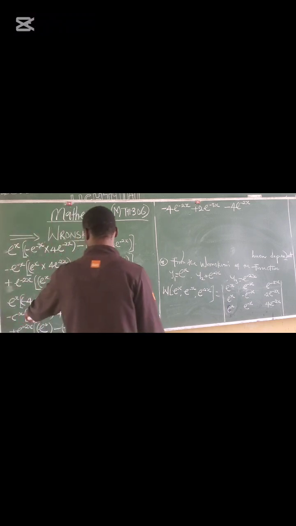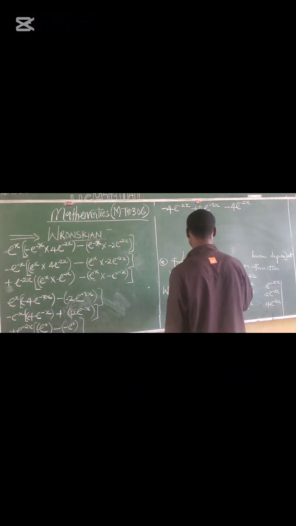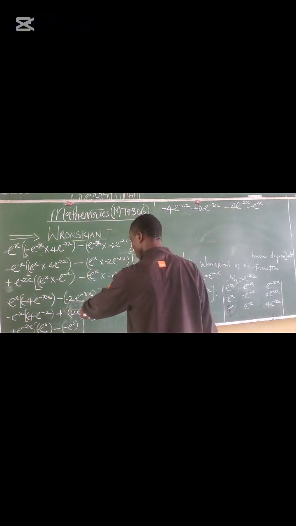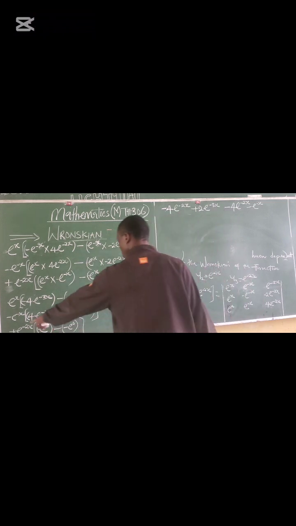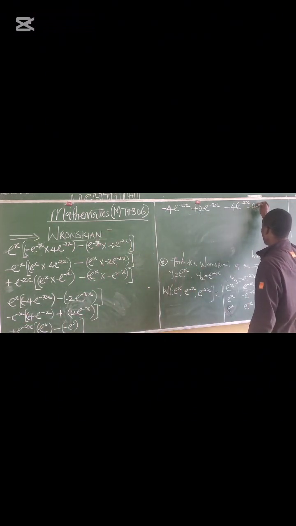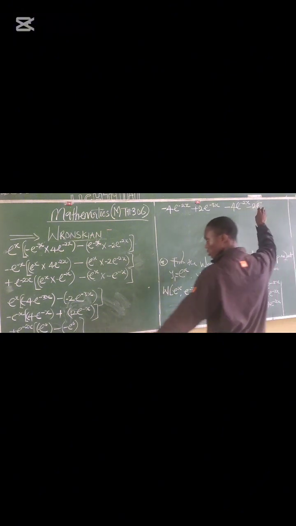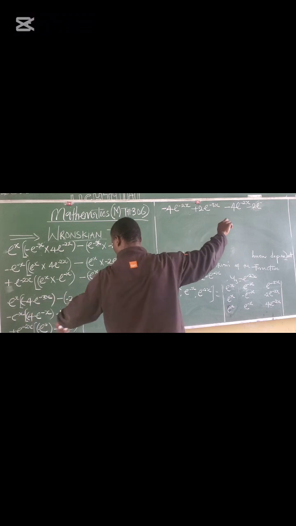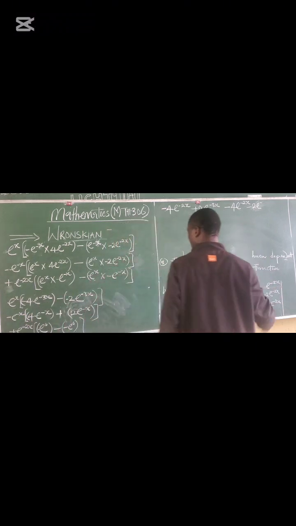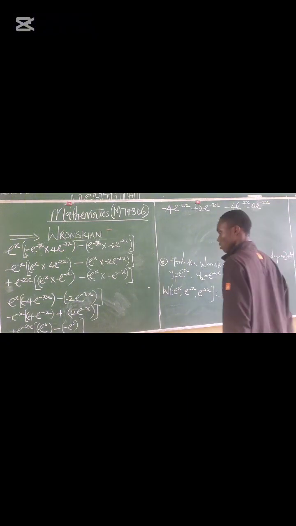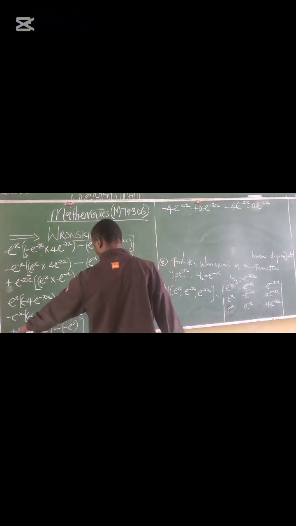So minus exponential minus x times 2 exponential minus x is going to give us minus 2 exponential minus x minus x, which gives me minus 2x.